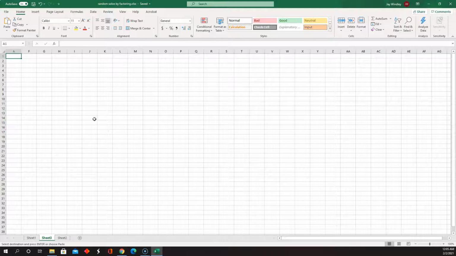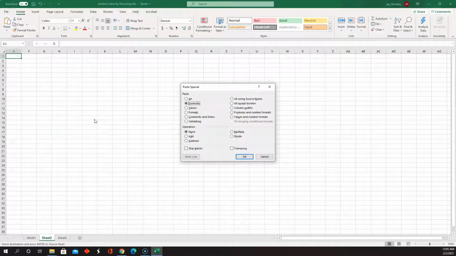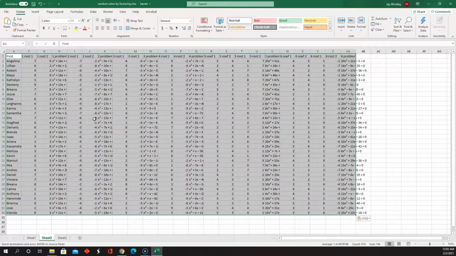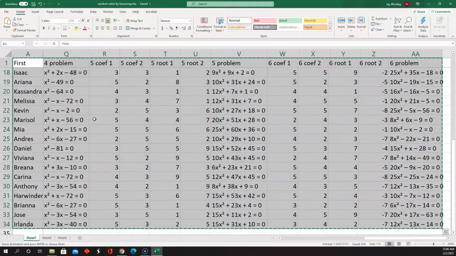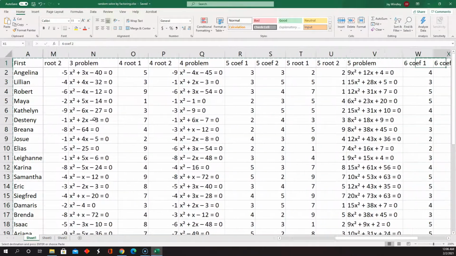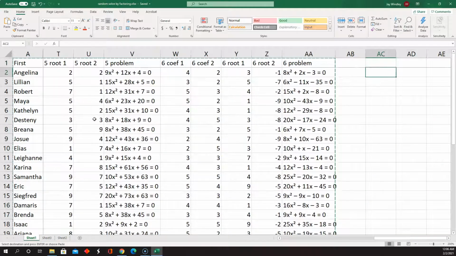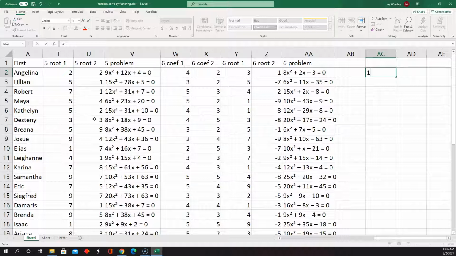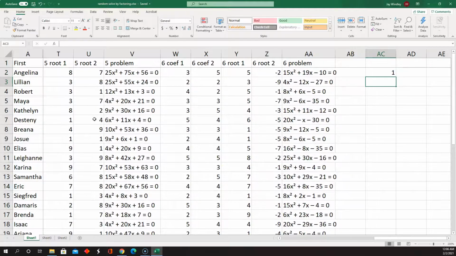I do that with the keyboard shortcut, which is Alt-E-S, and then arrow down to values, and then hit enter. Now the reason why I'm doing this is that every time I open up this spreadsheet, every time I type anything in any square, all of the randomization is redone.